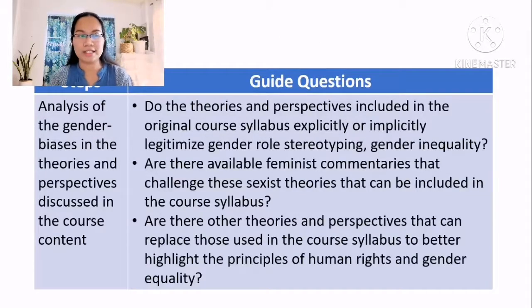Analysis of gender biases in the theories and perspectives as discussed in the course content. Do the theories and perspective included in the original course syllabus explicitly or implicitly legitimize gender role stereotyping? So, i-review natin kung meron na agad stereotypes do sa mga theories that we are discussing. There could be, syempre, in history, there are really gender stereotypes. So, ang entry point natin is to explain that what we are trying to do now is to change that.